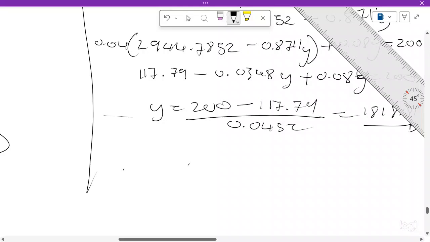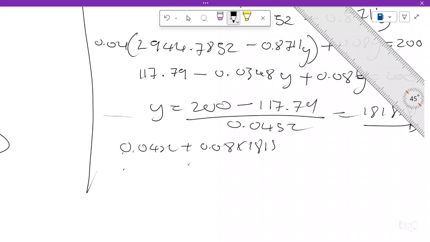0.04x plus 0.08 multiplied by 2250 in the space of y equals 200.